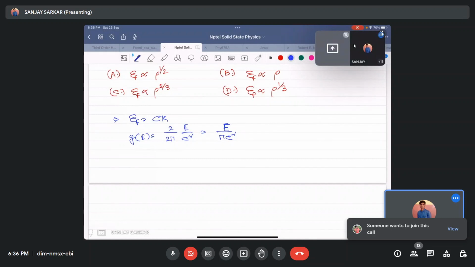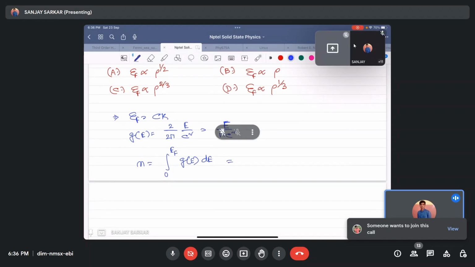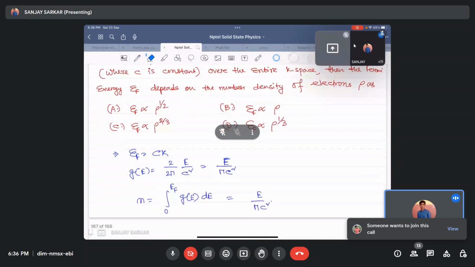So you know that the number density n is the integral from 0 to EF of G(E) dE at 0 temperature, because we have already calculated this problem. So G(E) is E by pi c square. Okay, it is actually expressed as rho, not n.